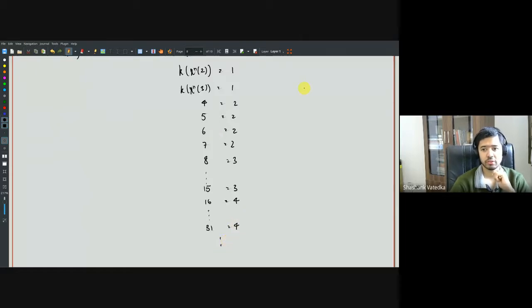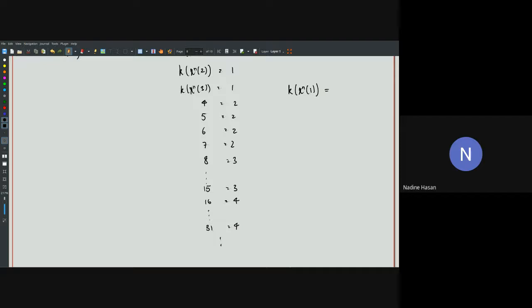So if I wanted a general formula for k of xn of i, for the ith highest probability sequence, what would be the corresponding length according to this? Two to the power n minus 1.